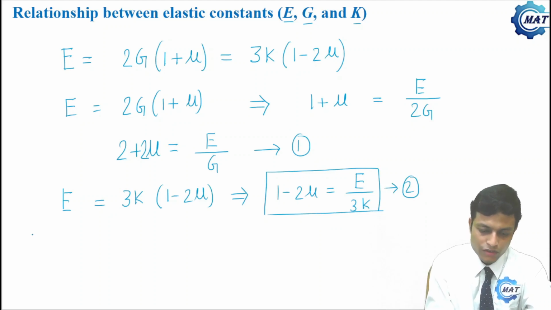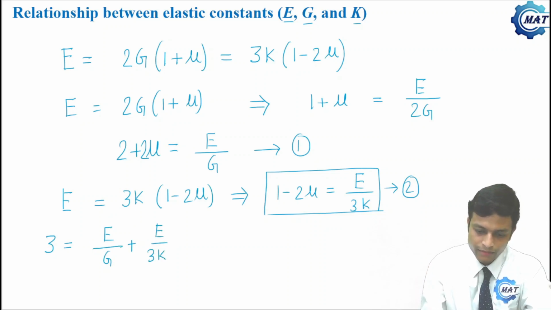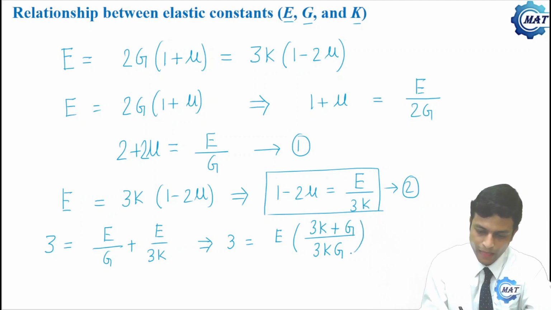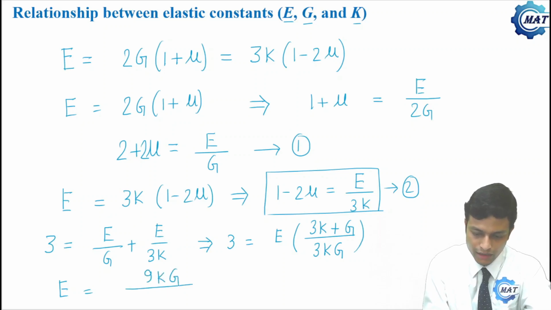Now add equation 1 and 2. What will we get? 2 mu minus 2 mu will be cancelled, so 3 is E by G plus E by 3K. From this, E equals 9KG by (3K plus G).